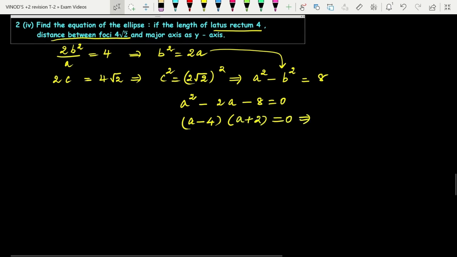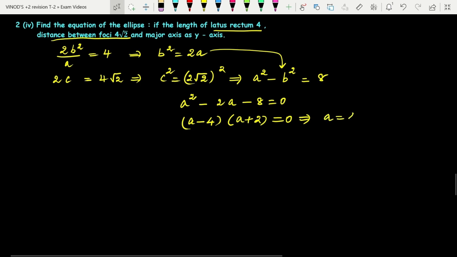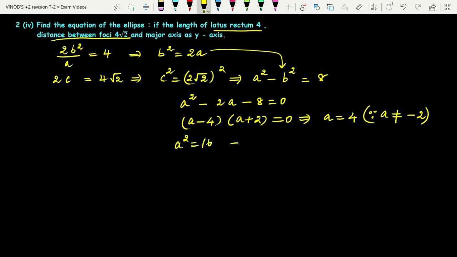So from this, a value is 4, and since distance cannot be negative, a is not equal to minus 2. So a is equal to 4. Because a is equal to 4, a square is equal to 16. Then b square is equal to 2 into 4, which is 8.